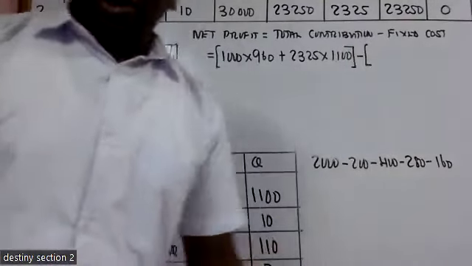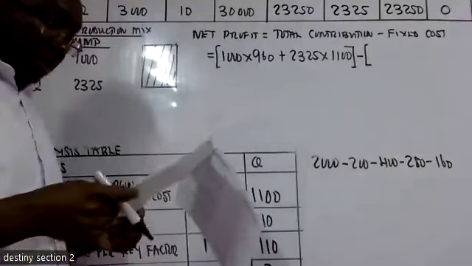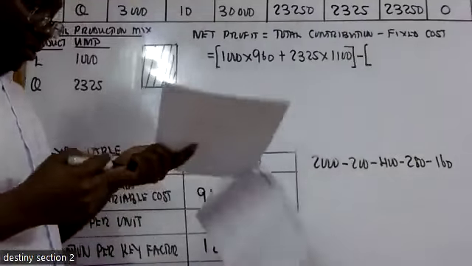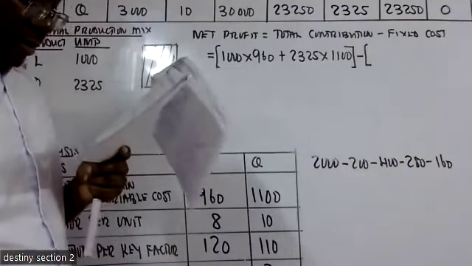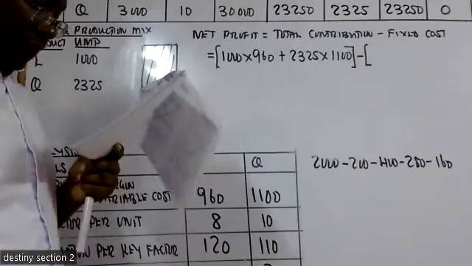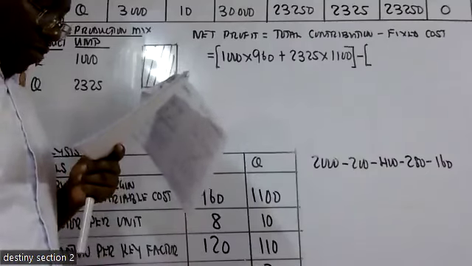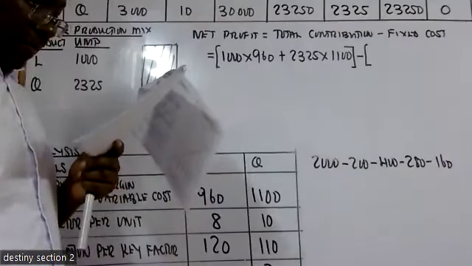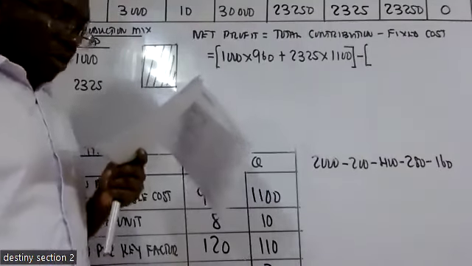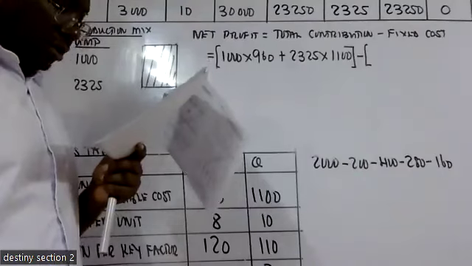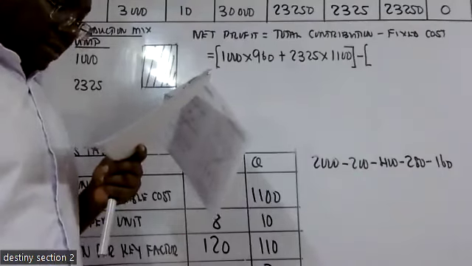Then for the fixed costs, this is how you go about them. We are told, according to information 1, that 1/12 of the annual production cost will be incurred.